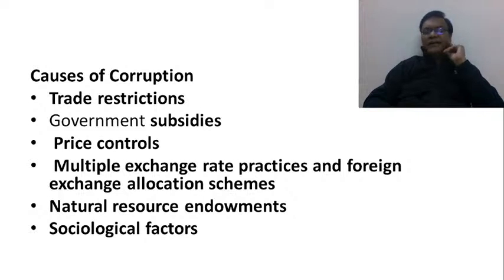Then we have government subsidies. I'll give you an example here. According to the Government of India, only 22% of people are living below the poverty line. But the food subsidy of the government is given to 75% of the population in rural areas and 50% of the population in urban areas, combined together 67% of the population.